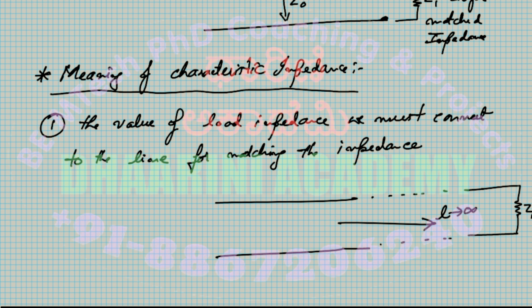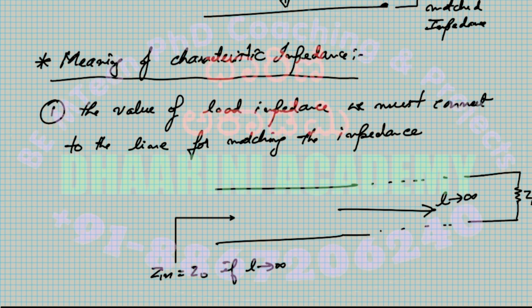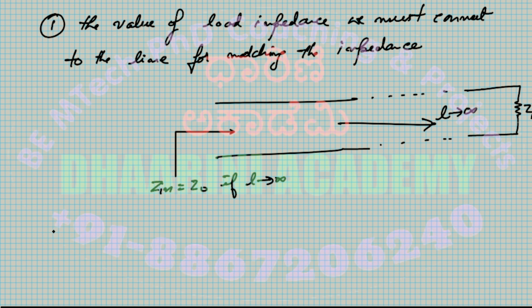In a sense, it's large. So the impedance seen from the sending end of a very long line is this Z. That means whatever this Zin that we see here, right? So Zin equals Z naught if L, the length, is equal to infinity. So that's the second point, the second meaning of the characteristic impedance.